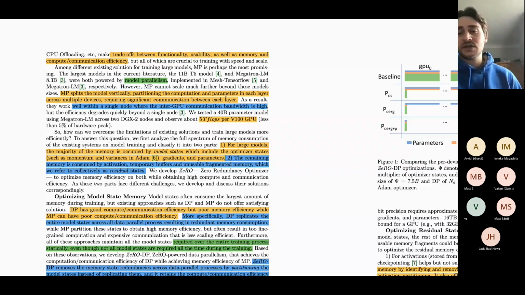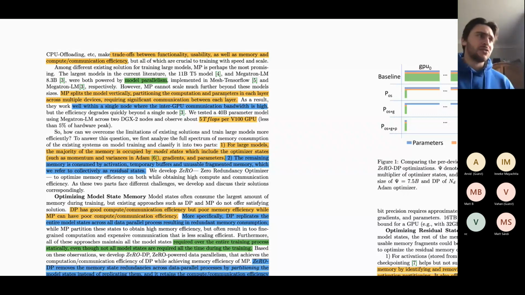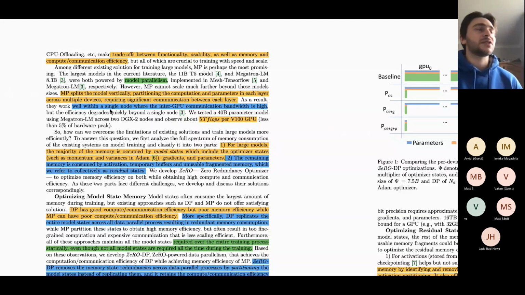That's model parallelism, because then the model, the optimizer states, and everything related to it is split, like 1/10 on each GPU. But the issue with model parallelism is that it takes a lot of communication, so it slows down the training.